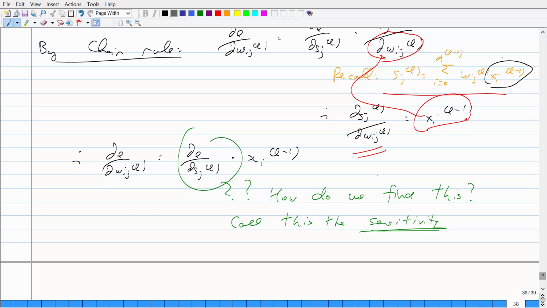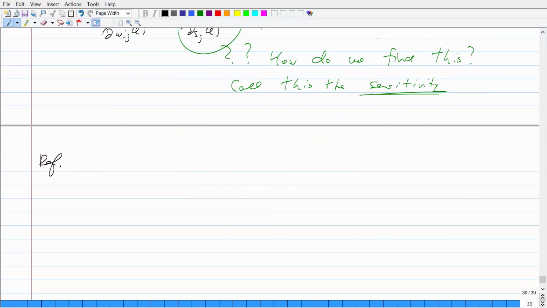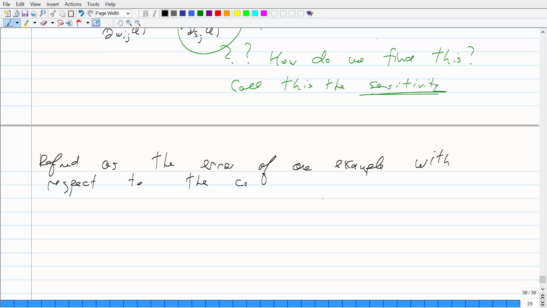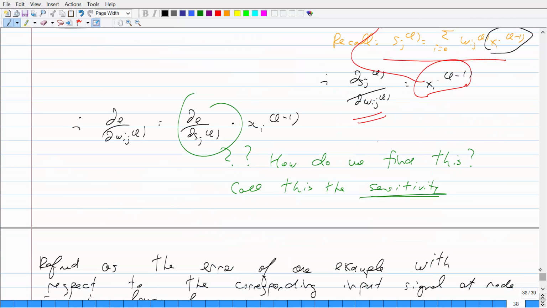So we define the sensitivity as the error of one example with respect to the corresponding input signal at node j in layer L. When a particular input changes into a neuron at layer L, how does the error change?